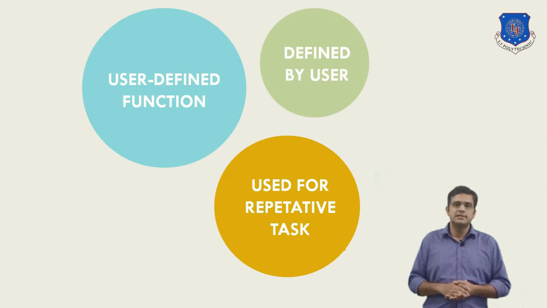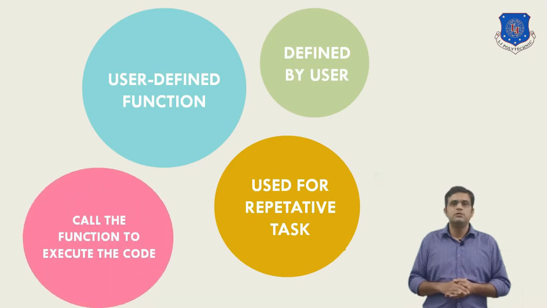After doing this, you don't need to write the same code again and again. Just call the function when you want to execute the code, and that function will return the output after executing the code inside it.